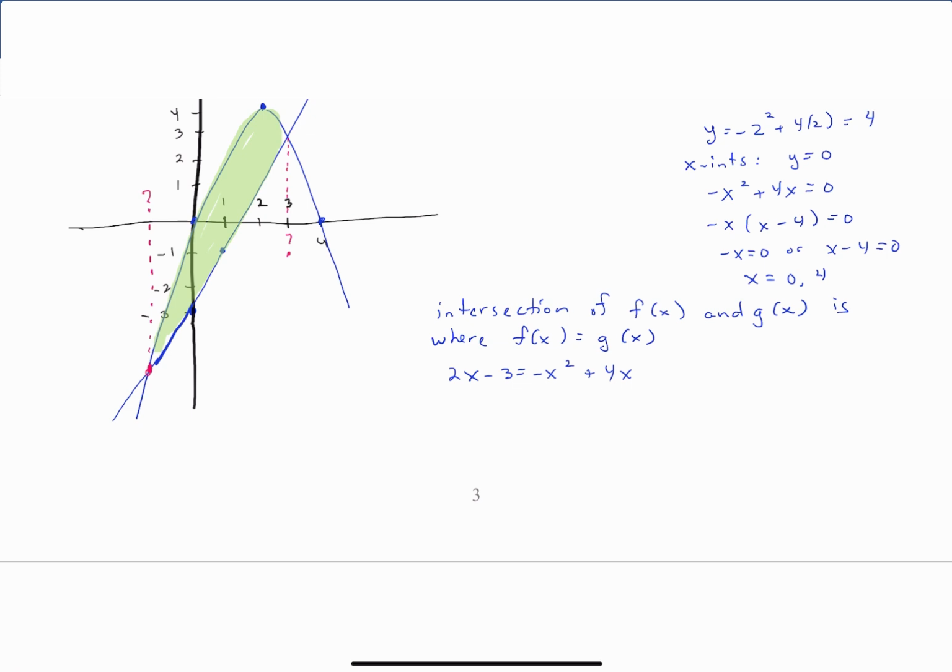So let's see, let's add x squared to both sides. And let's subtract 4x from both sides. That gives us x squared minus 2x minus 3 equals 0. We can factor that. That factors as x minus 3 times x plus 1. And so we get x equals either 3 or negative 1.